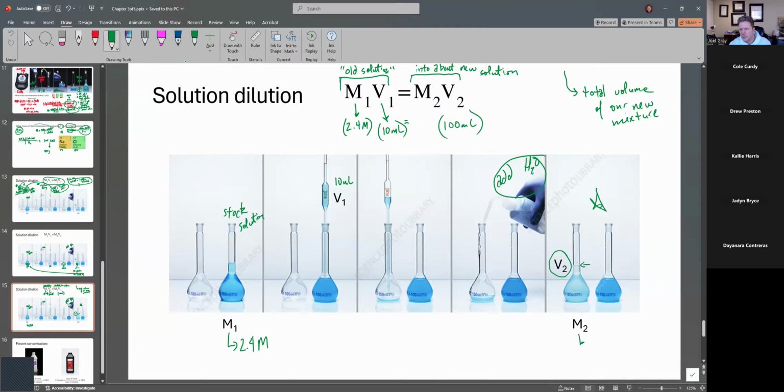M2 is the molar concentration of our new solution. Do we know that?